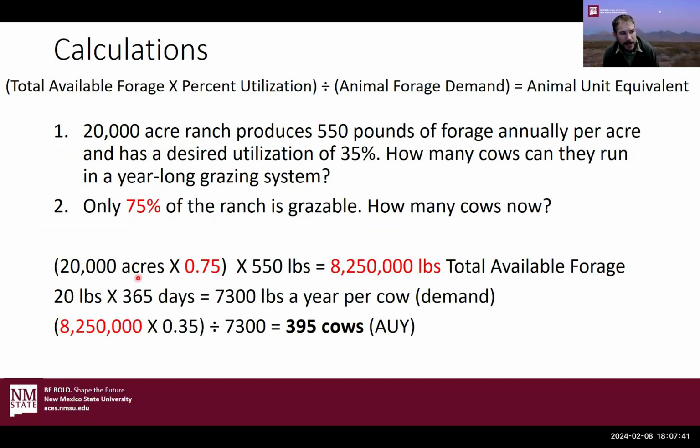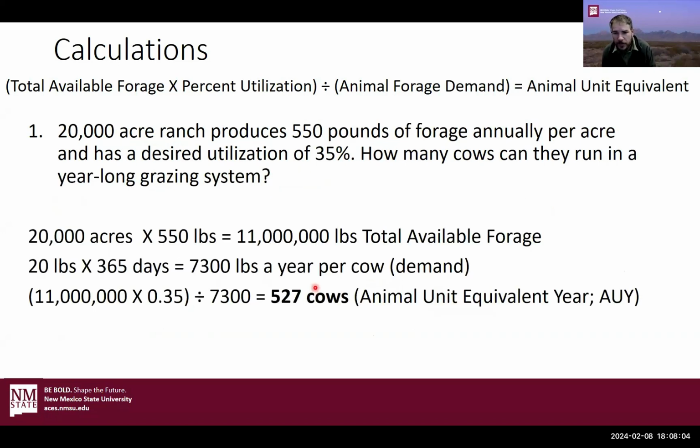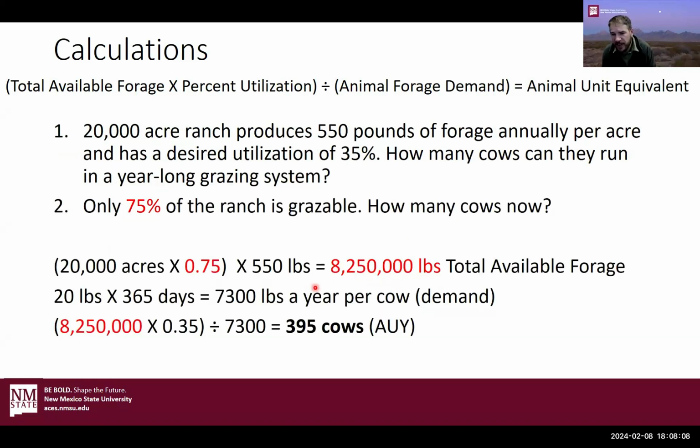We take the 20,000 total acres of the ranch, times 75%, because that's all that's available, and then times the 550 pounds, which gives us 8 million pounds of total available forage. If you remember, we went from 11 million pounds to 75% of that, which is just over 8 million.